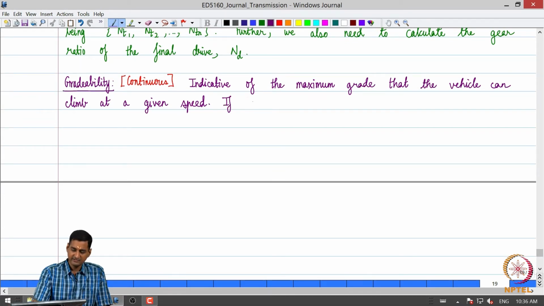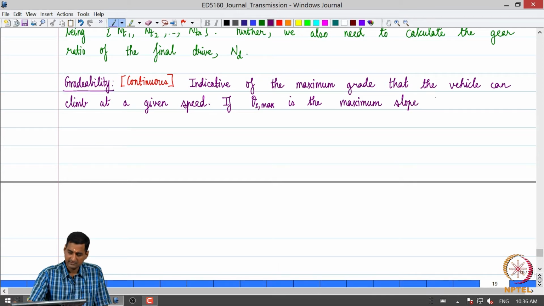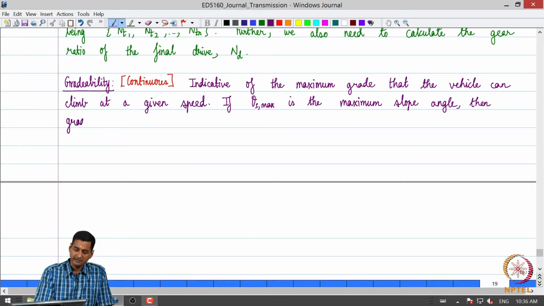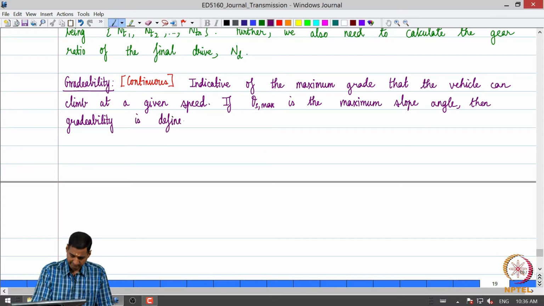So if theta s max is the maximum slope angle, then gradability is defined as G, where the parameter G denotes gradability.